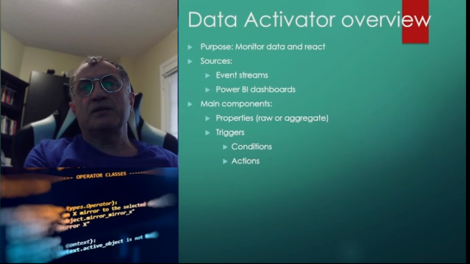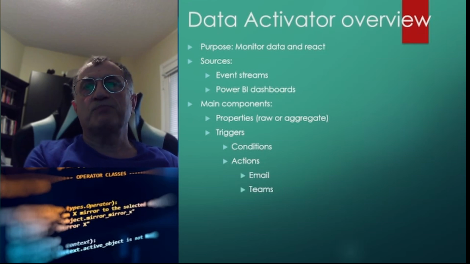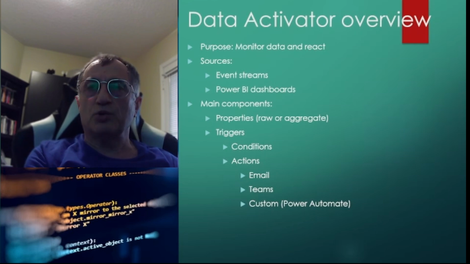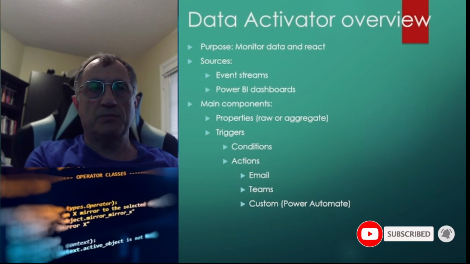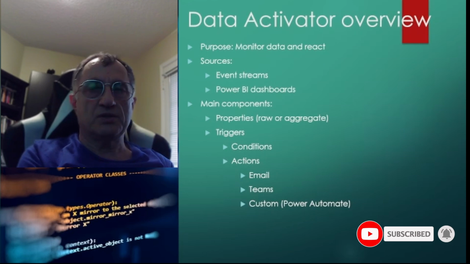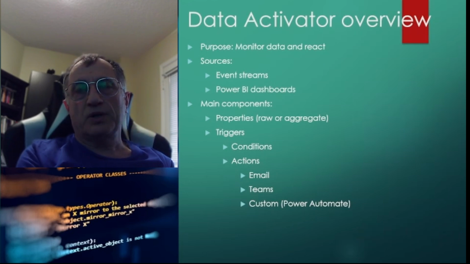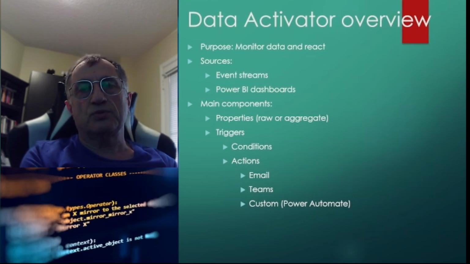There are a few standard actions included in Data Activator, such as email and Teams, but on top of that you can also create custom actions, which allows you to leverage Power Automate flows. And with Power Automate flows, you can do a lot more. You can write in the database, you can create a ticketing system. Power Automate has a lot of connections to different systems, which is very handy.